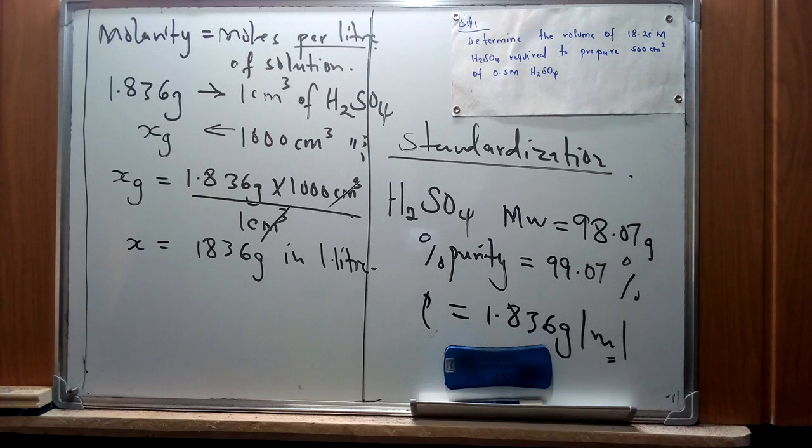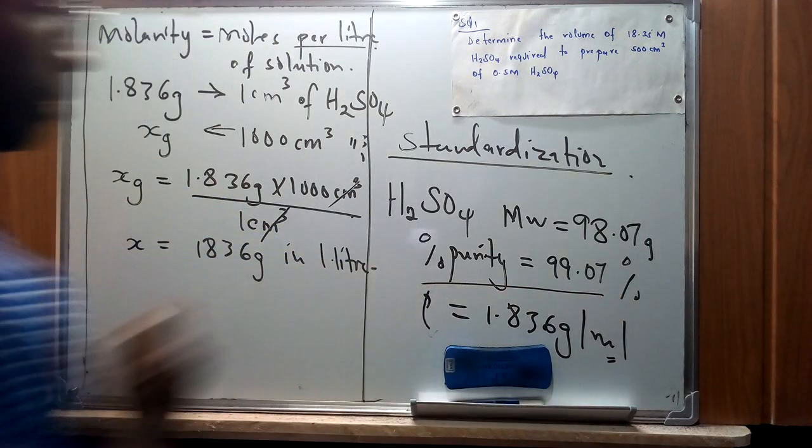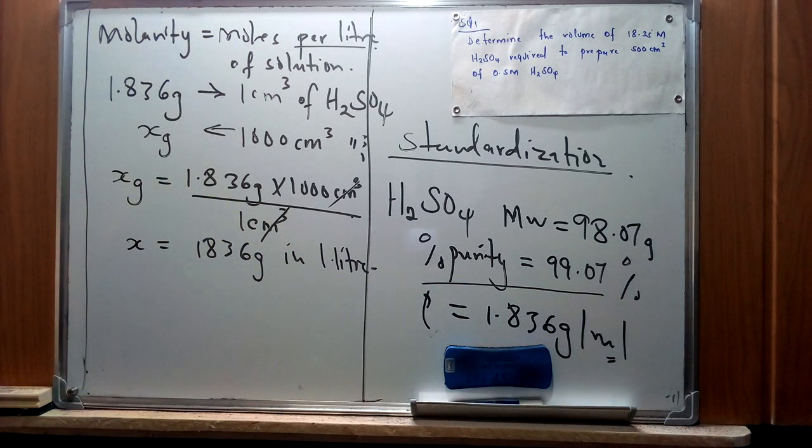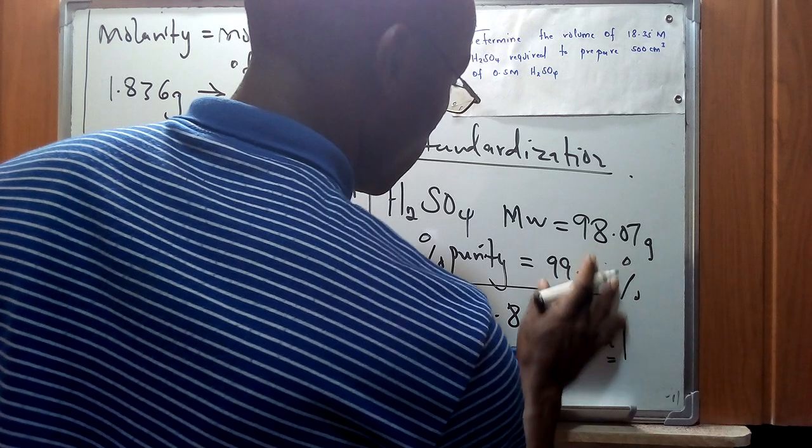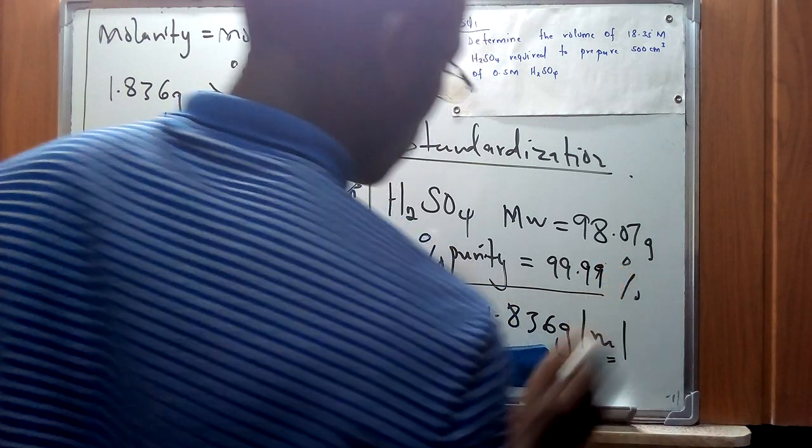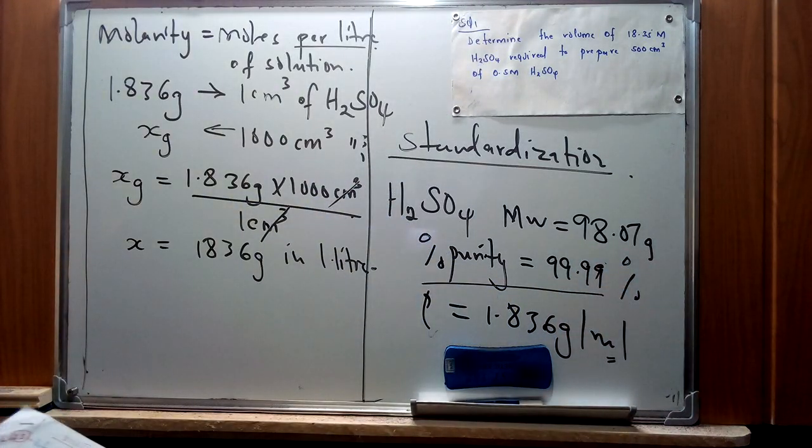But we have been given from the information on this particular product that the purity is 99.07%. In this case, maybe this was 99. From my sample question, I just created this one. Percentage purity to 0.99%.